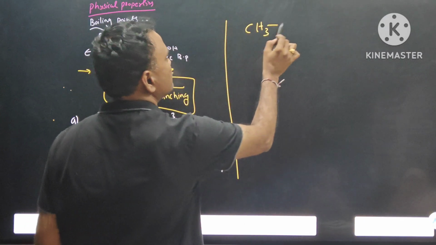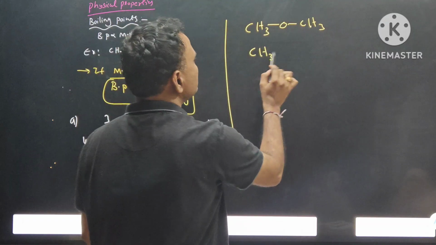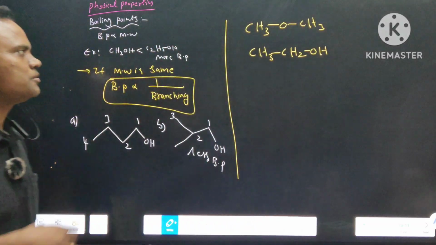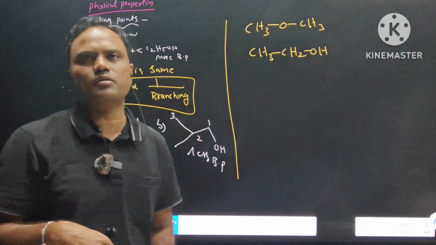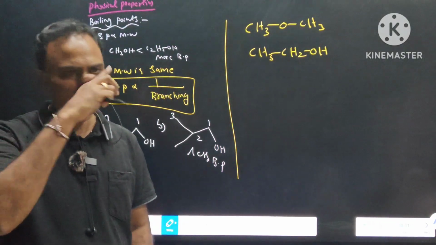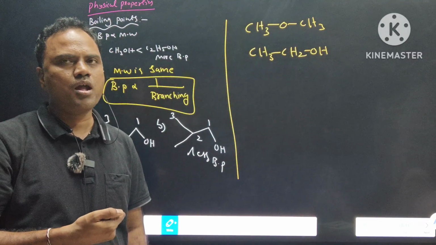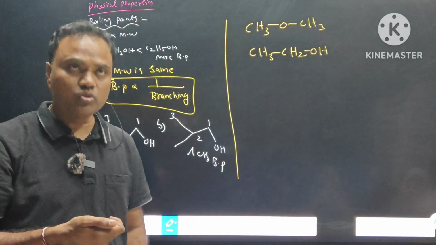See, ether and alcohol, both are isomers, right? Functional group isomers. Which has the higher boiling point?